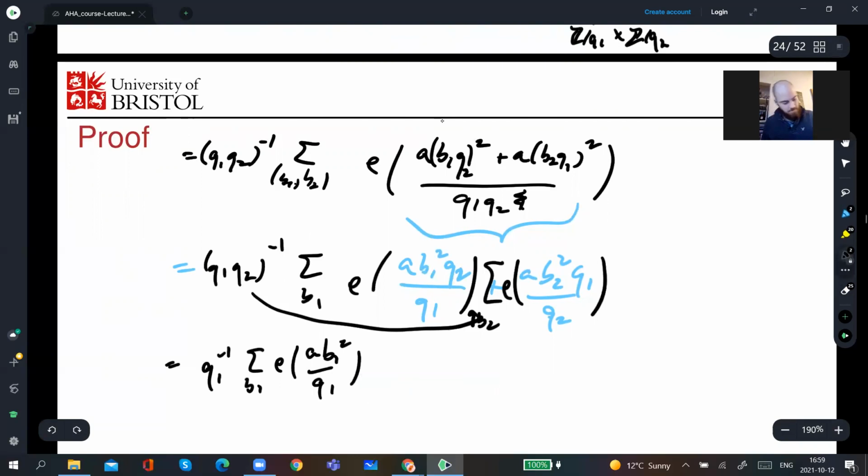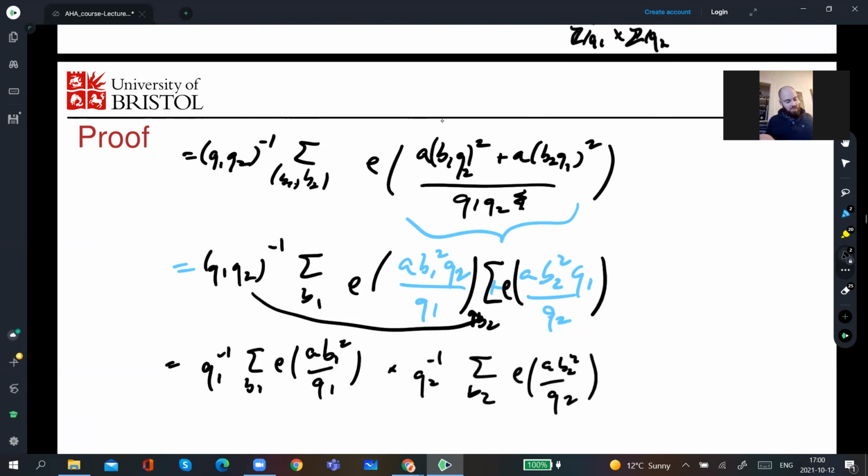Let's rewrite that. And now we just plug in the definition of the Gauss sums at these two values.